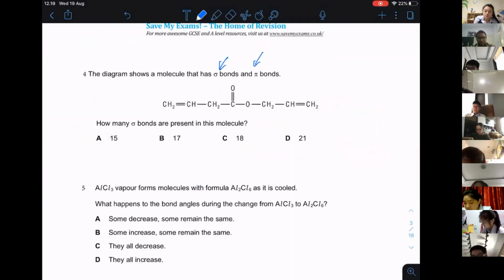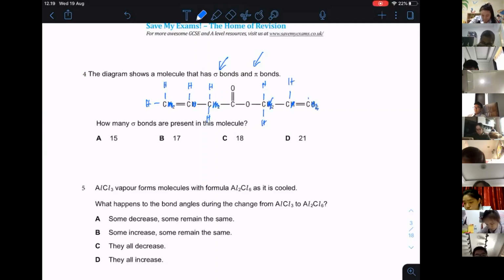You need to be careful, because for sigma bonds, they also consider the hydrogen as having the sigma bond also. So hydrogen, this is sigma. If I redraw again, this one hydrogen, hydrogen, hydrogen.